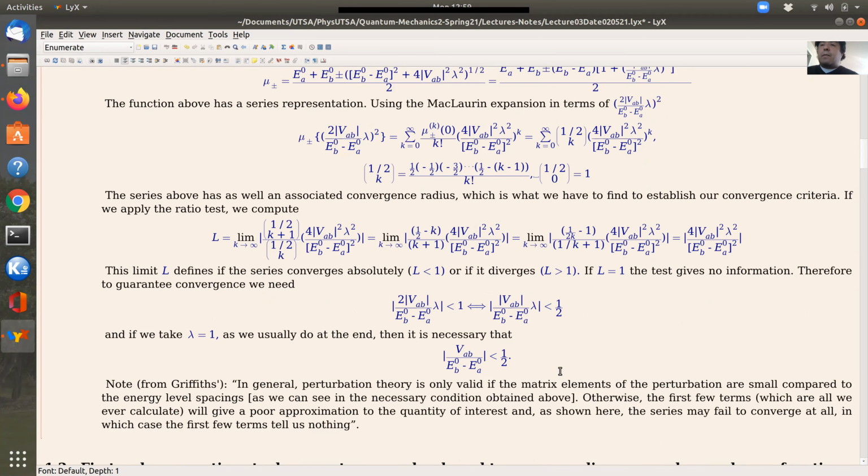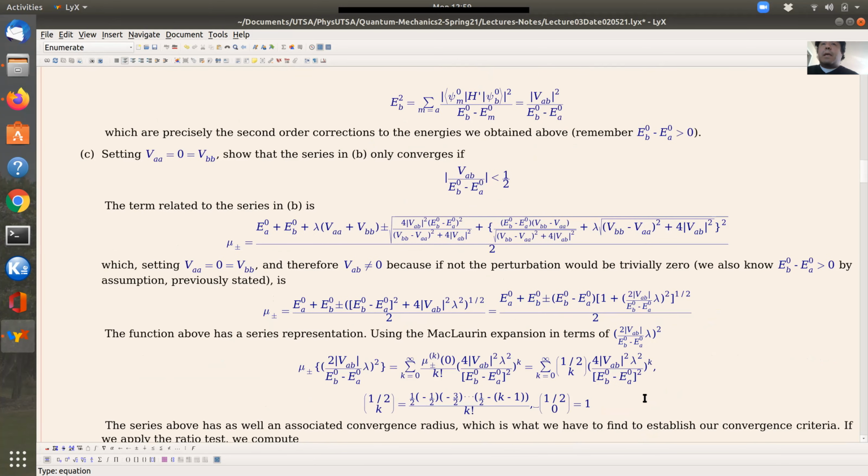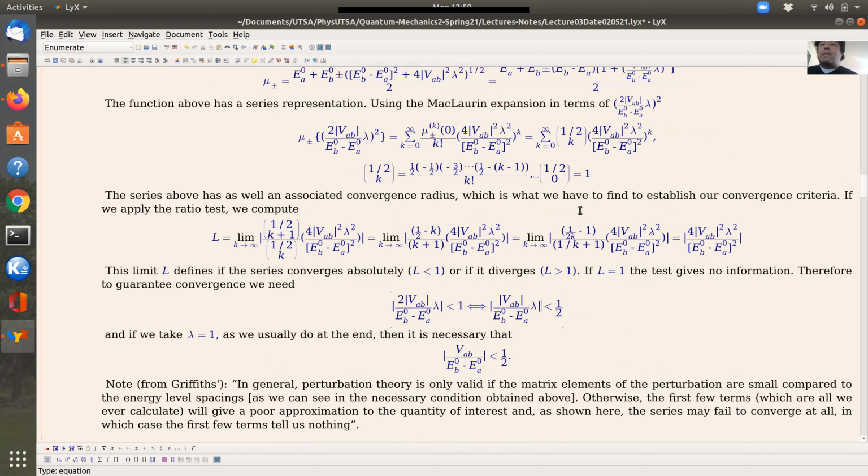Well, except for one part. I pass to the other side, so I have 1/2 greater than the whole of this. I have to take lambda equal to 1, because they're not making use of lambda in this part.